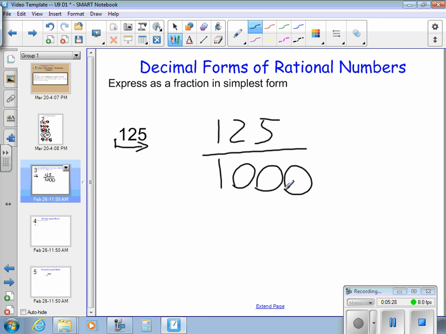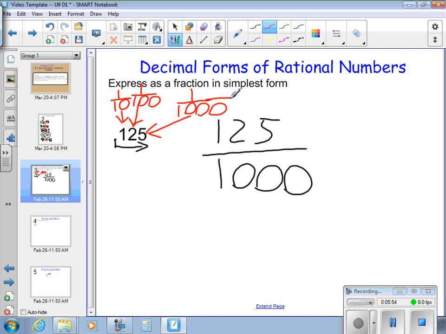The reason for that being that this 1 is the tenths place. This 2 is the hundredths place. And this 5 is in the thousandths place.